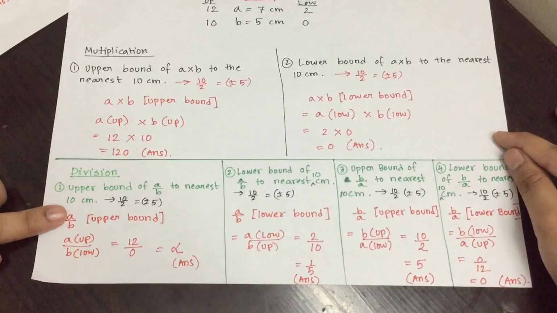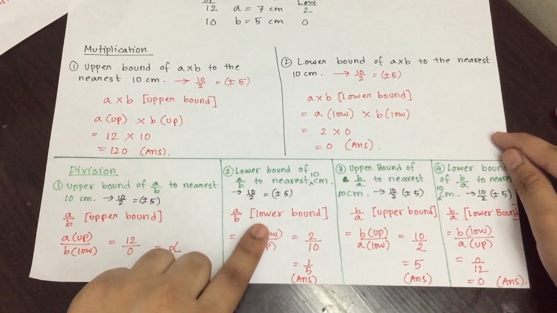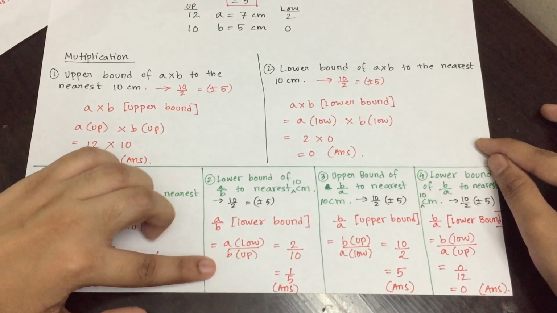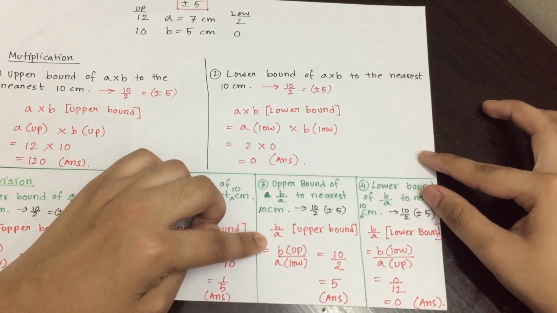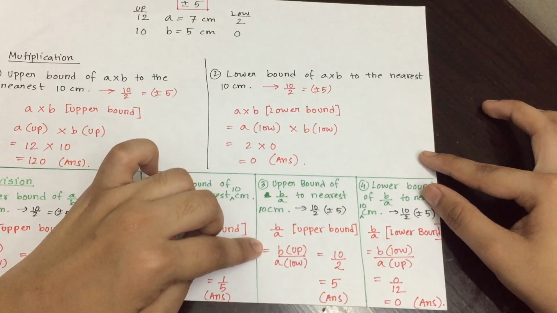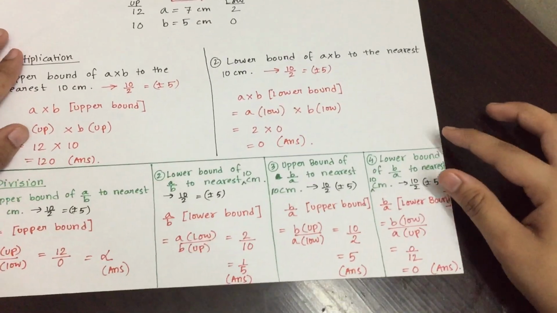So for A we take up, and for B we take low. Again, when it says lower bound, for A we take low and B we take up. If it says B over A, now for B we are taking up, and for A we are taking low, and vice versa in this case.